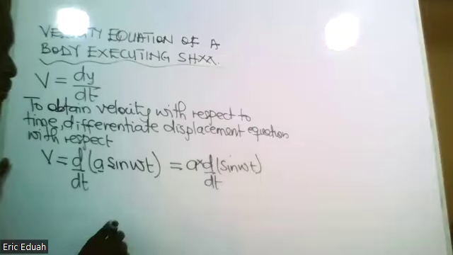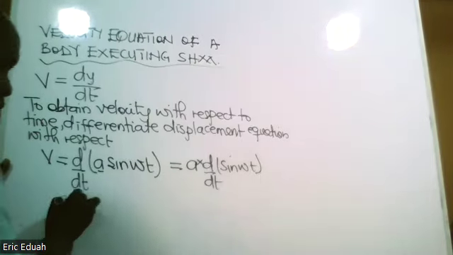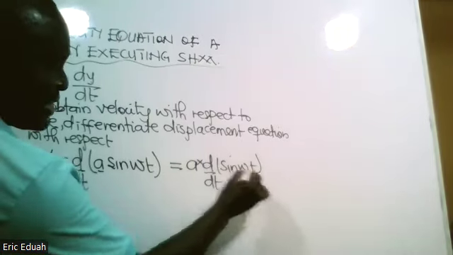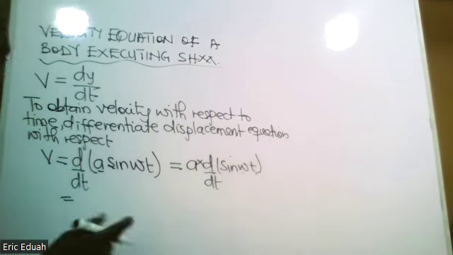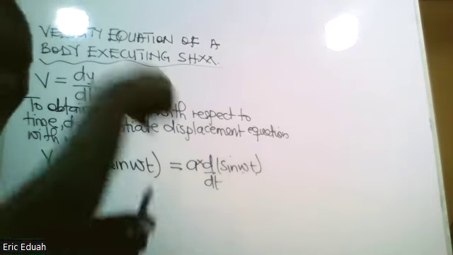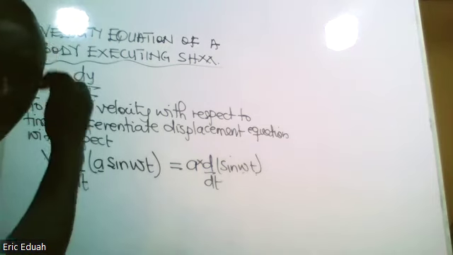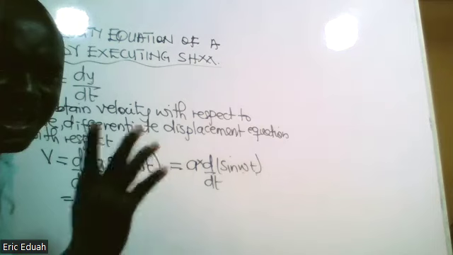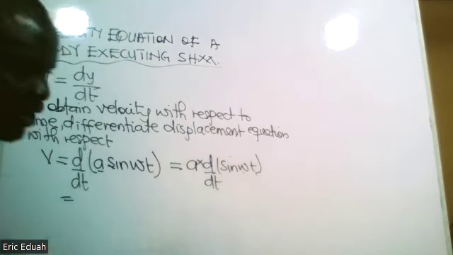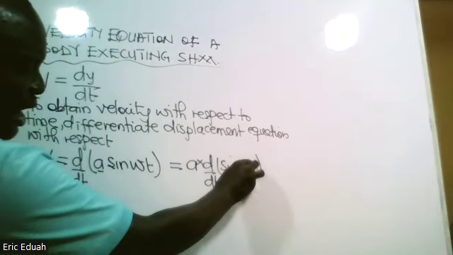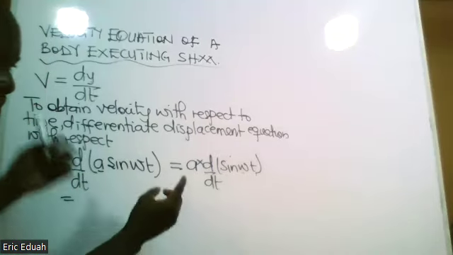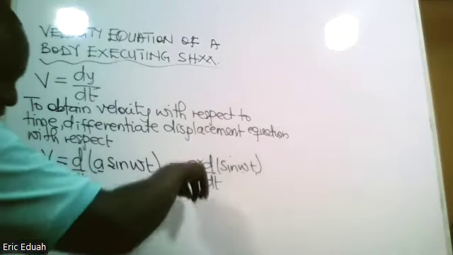This one too, I have a function omega t in a bigger function sine omega t. So when you have a function in another function, you differentiate all of them individually. So we have a smaller function omega t within a bigger function sine omega t.